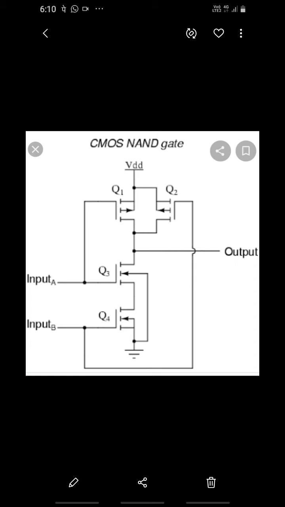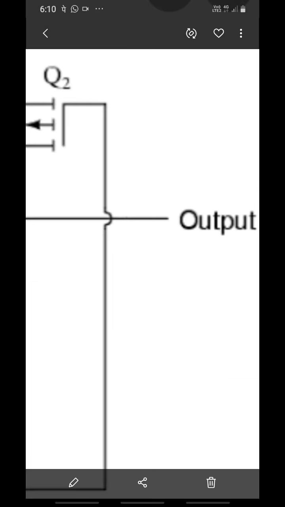As Q3 and Q4 are conducting, the output is pulled down to the ground. So the below table summarizes the operation of the two input CMOS NAND gate.